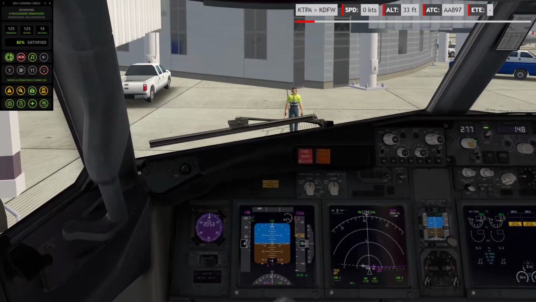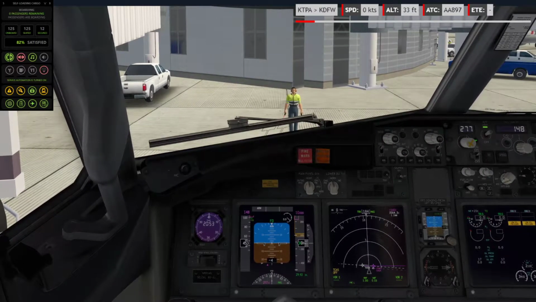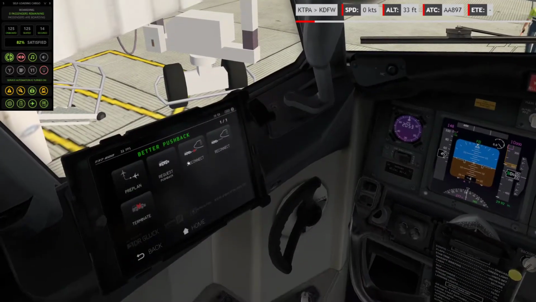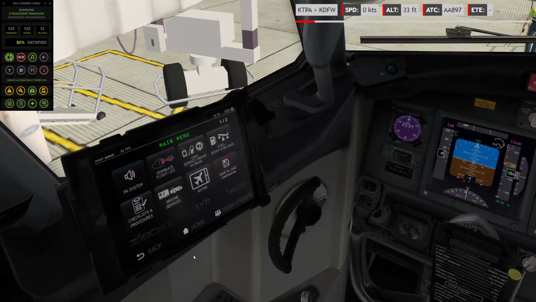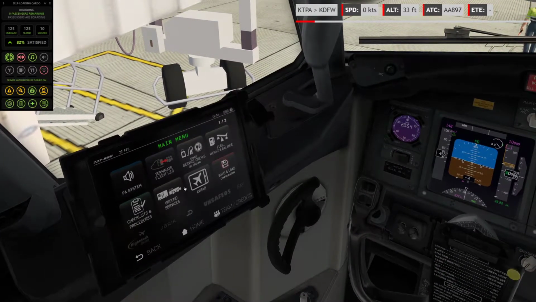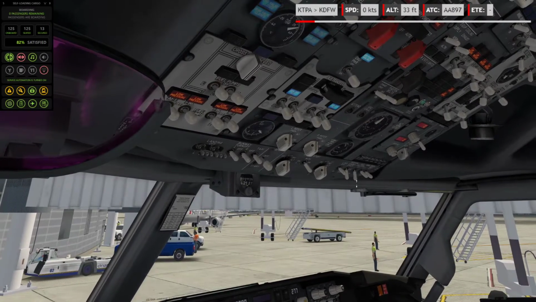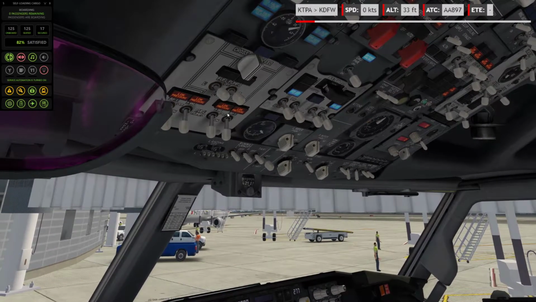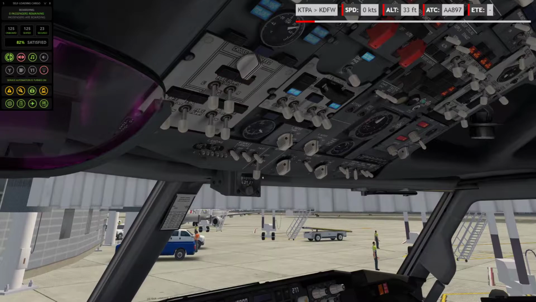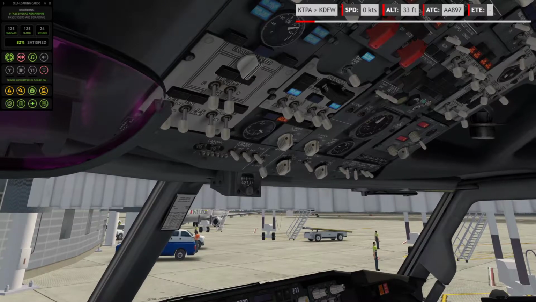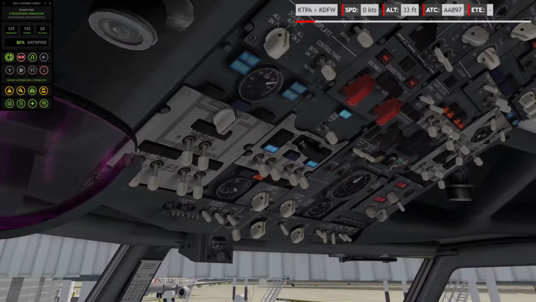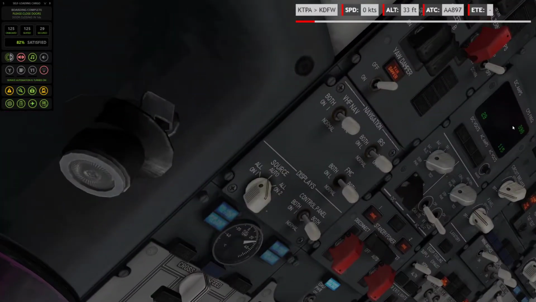We have already boarded the passengers, so let's go ahead and request our pushback. We can close the doors, turn on the APU. Turn on hydraulics.